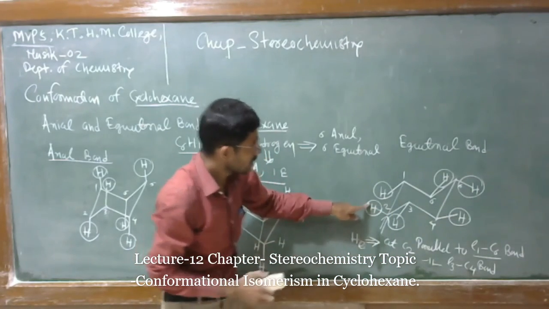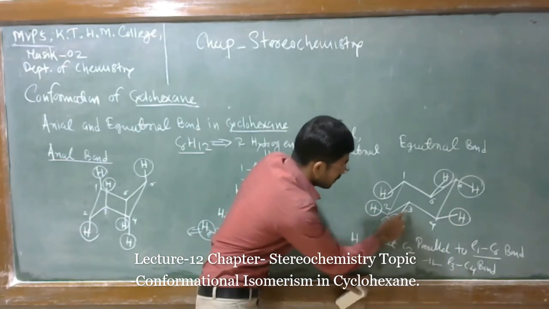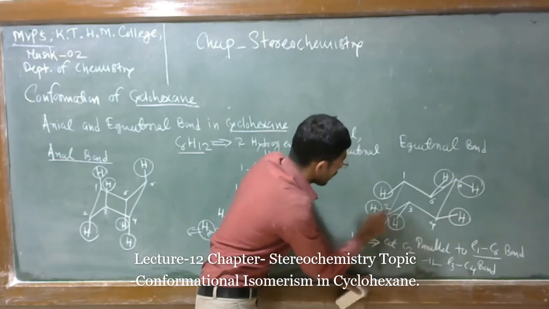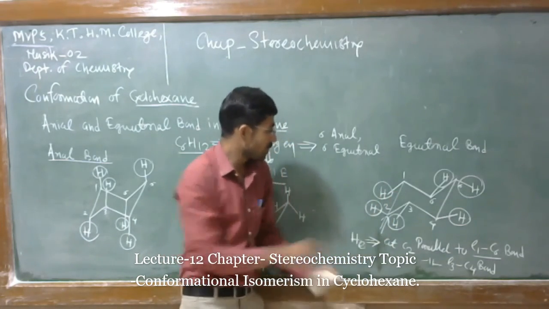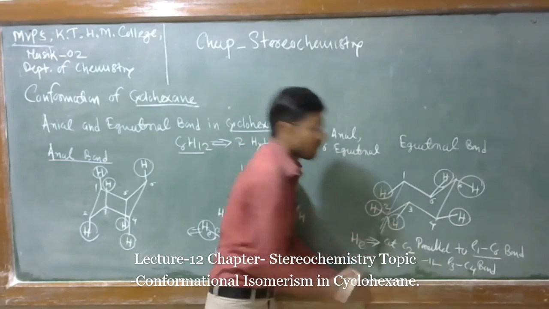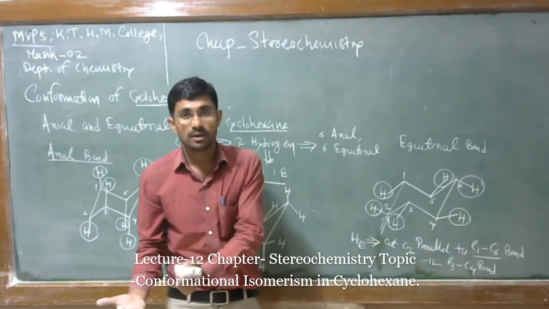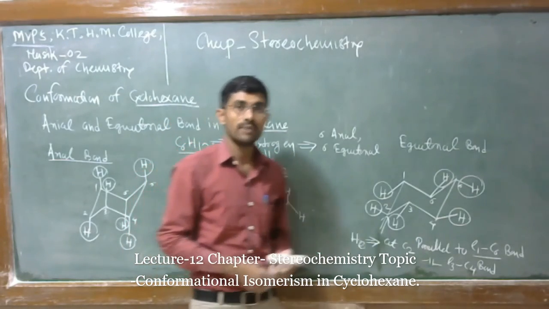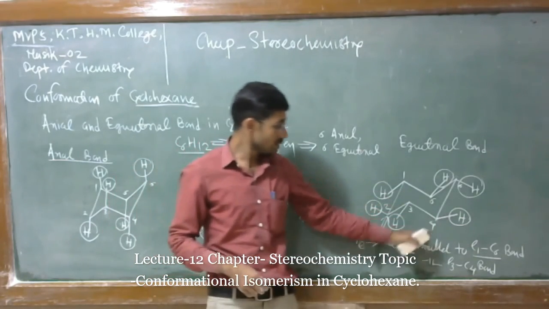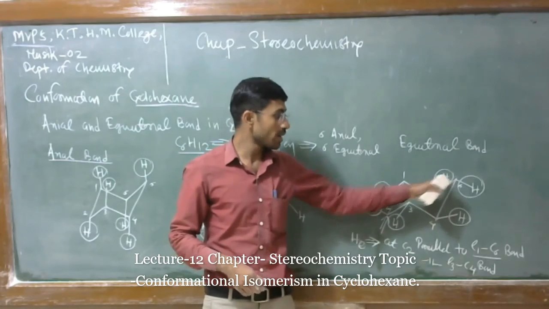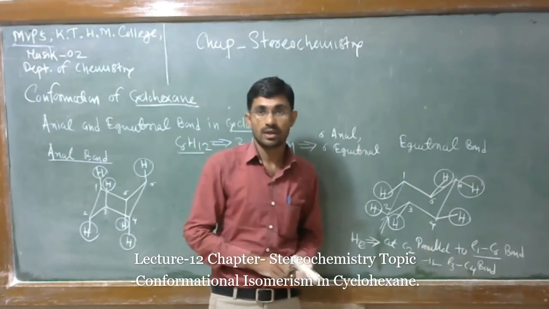This equatorial bond is parallel to the next bond, C3-C4, and also to the previous bond, C1-C6. So in this way we can always say that the equatorial bond is parallel to the previous and next bonds in cyclohexane.